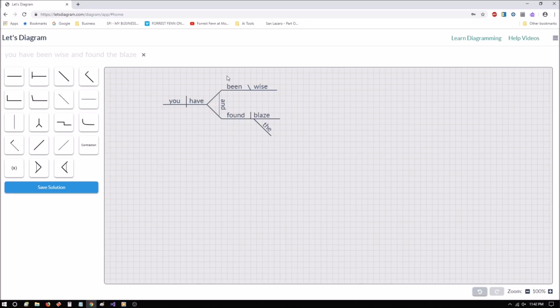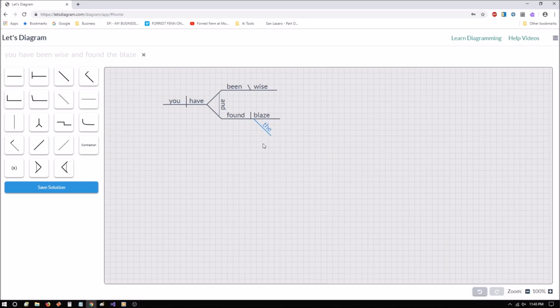This phrase, have been wise, is acting as an adjective, and the adjective is modifying the subject. In other words, it's saying you have been wise. That's why it has a backslash here, because wise is not talking about the verb, it's talking about the subject itself. The subject has been wise.